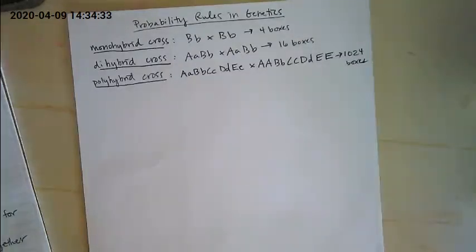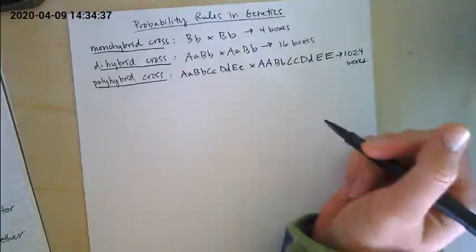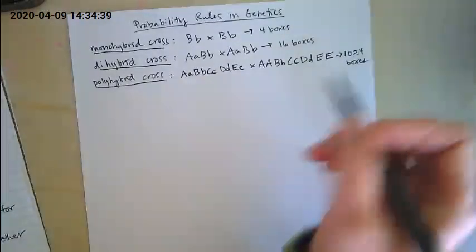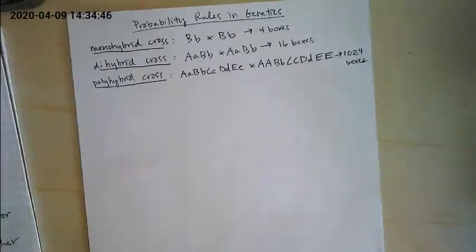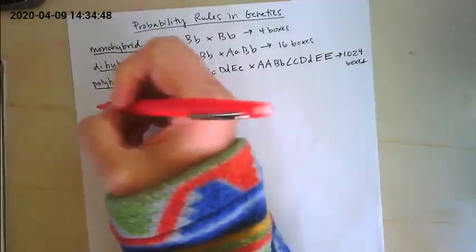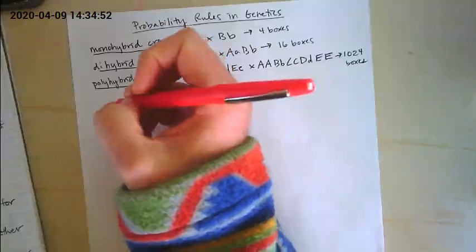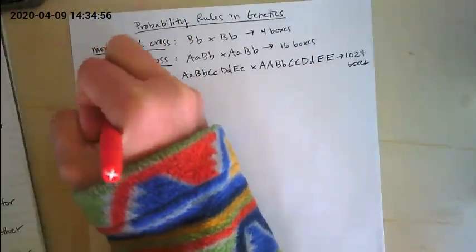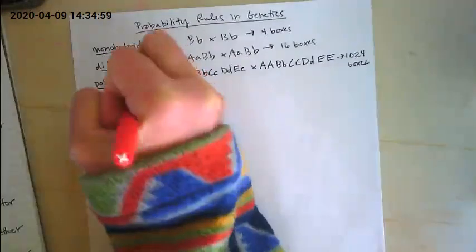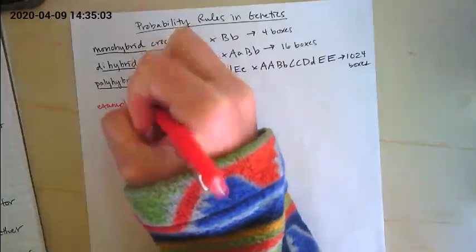We're going to talk about the rule of multiplication here. Let's do a really basic problem first, then we'll get into a Punnett square. What are the chances that you have 5 kids that are all boys? This is an example of what the rule of multiplication is.